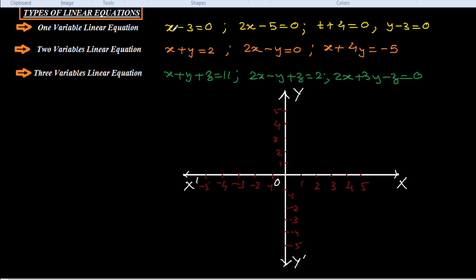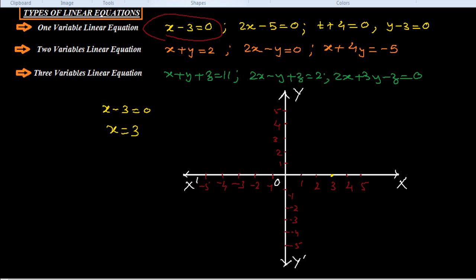Now I am taking the equation x minus 3 is equal to 0. So we see what happens. x minus 3 is equal to 0, so x is equal to 3. x is equal to 3 is this point. So the line would pass through x is equal to 3 from here. It would be parallel to the y-axis.